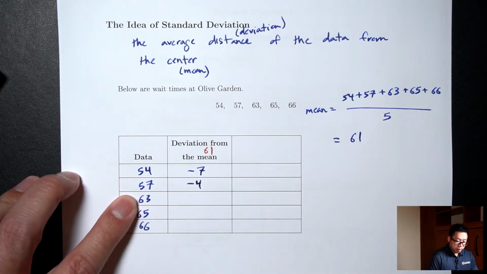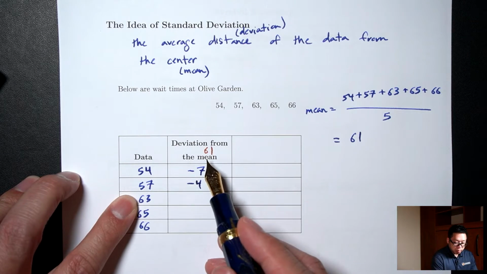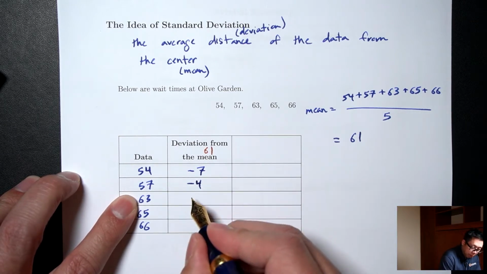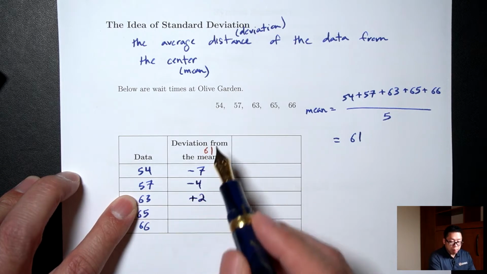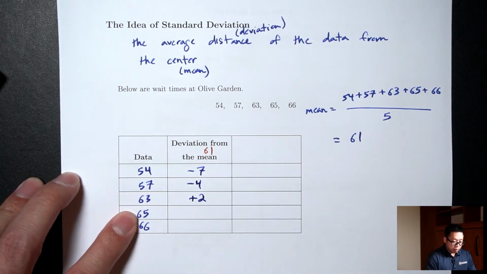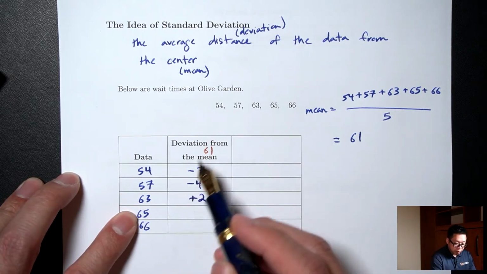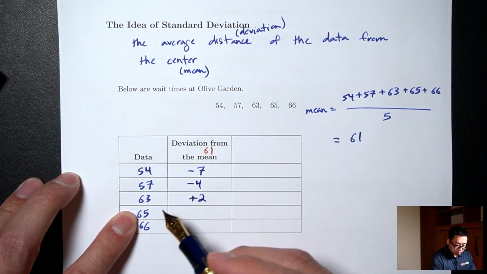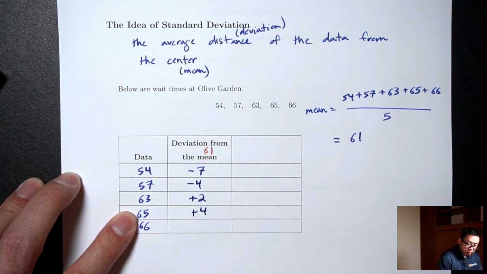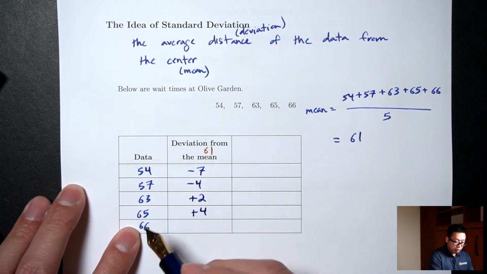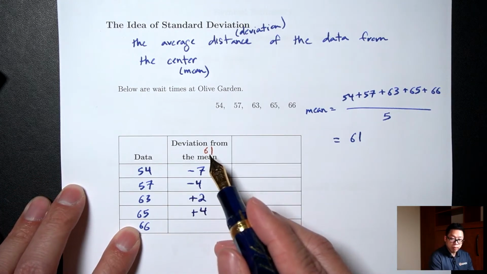63. 63 minus 61 is positive 2. The positive just means that 63 is 2 above 61. 65. How far is 65 from 61? Subtract 65 minus 61. Positive 4. And then 66. How far is 66 from 61?